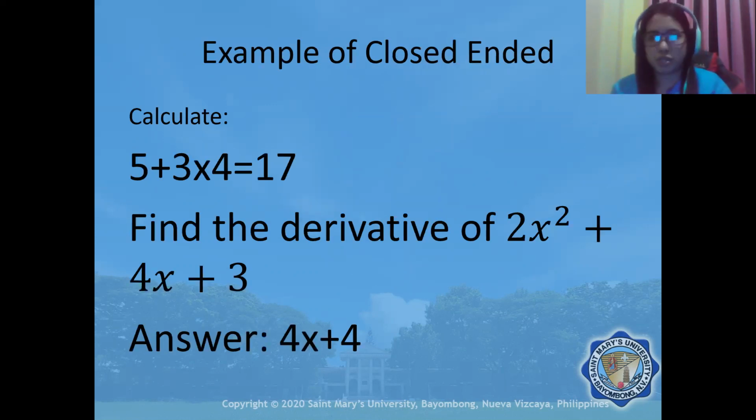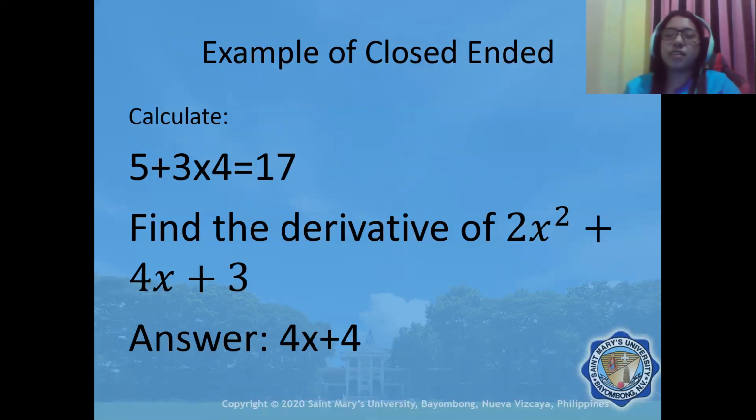Now let us see examples of closed-ended problems. If you are just asked, for example, to calculate 5 plus 3 times 4, we know that the rule in dealing with this problem is to follow MDAS: multiplication, division, addition, and subtraction. So 3 times 4 is 12, plus 5 is equal to 17.